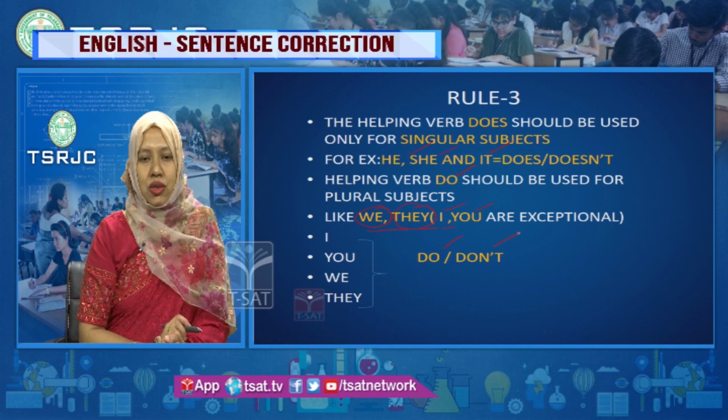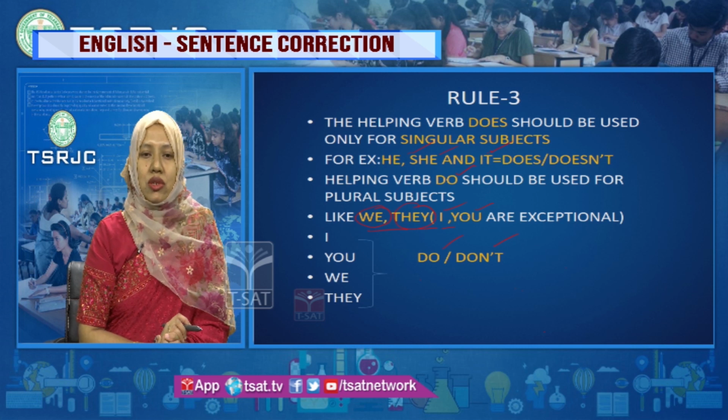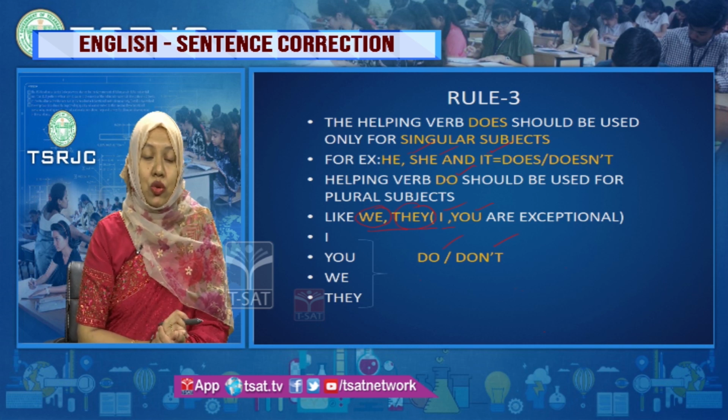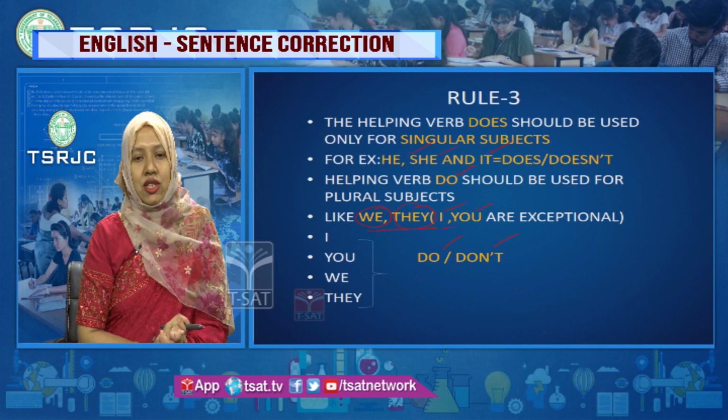I don't like to do this. I don't like to watch this movie. You don't sing a song. You don't speak with her. You don't fight with her. We don't like going out. We don't talk to each other. They do enjoy each other's company. These are the examples which we can use along with I, you, we and they.